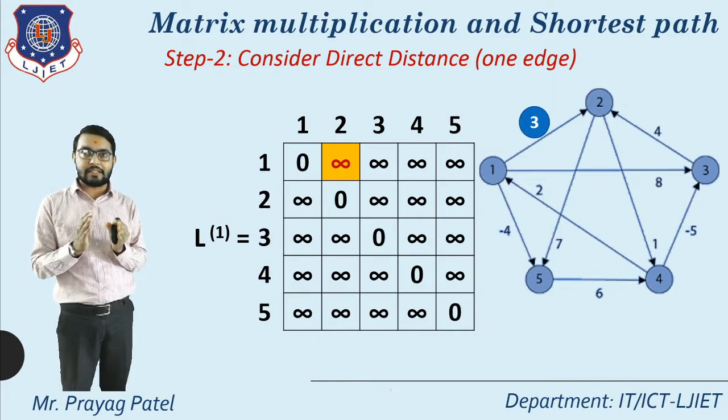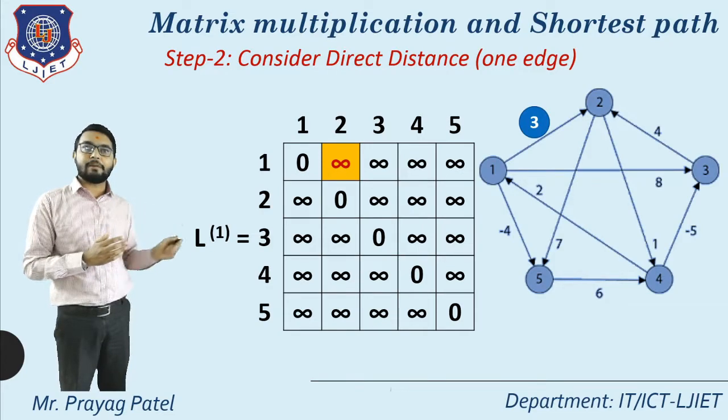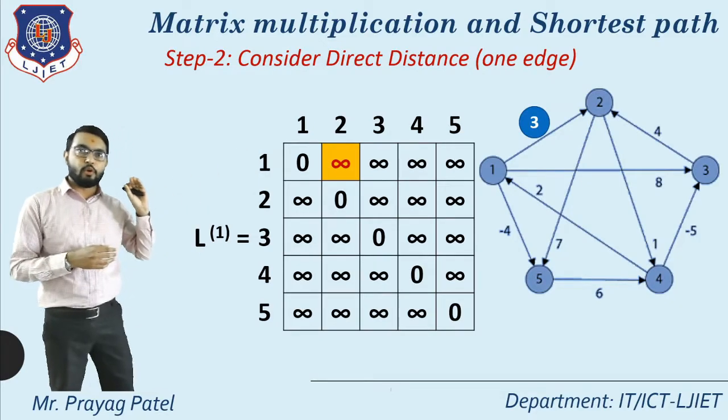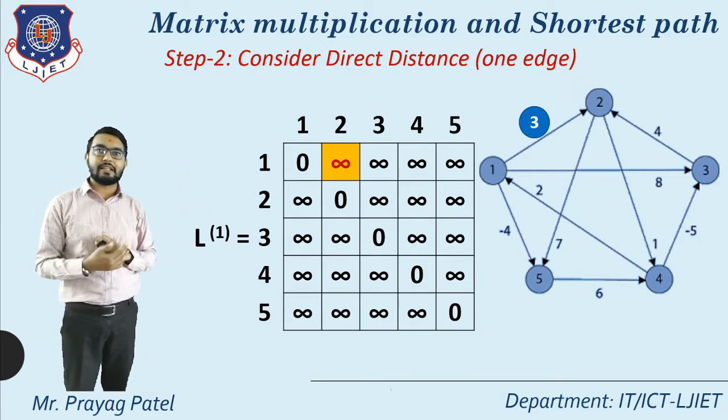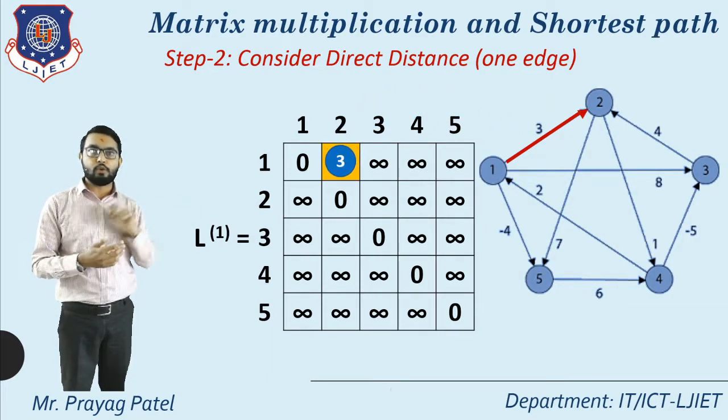If the direct distance is available then put the direct distance, otherwise keep infinity. So here consider first 1,2. In this figure, from node 1 to 2 the distance is 3. So put the value 3 in location 1,2.